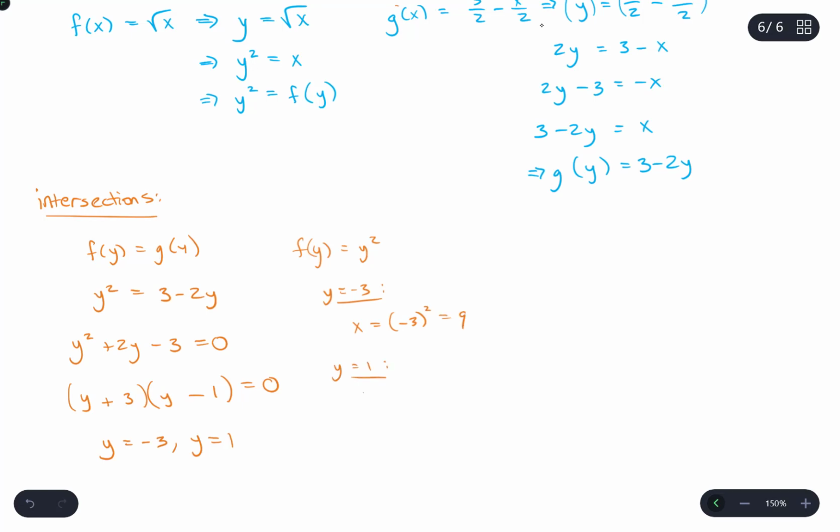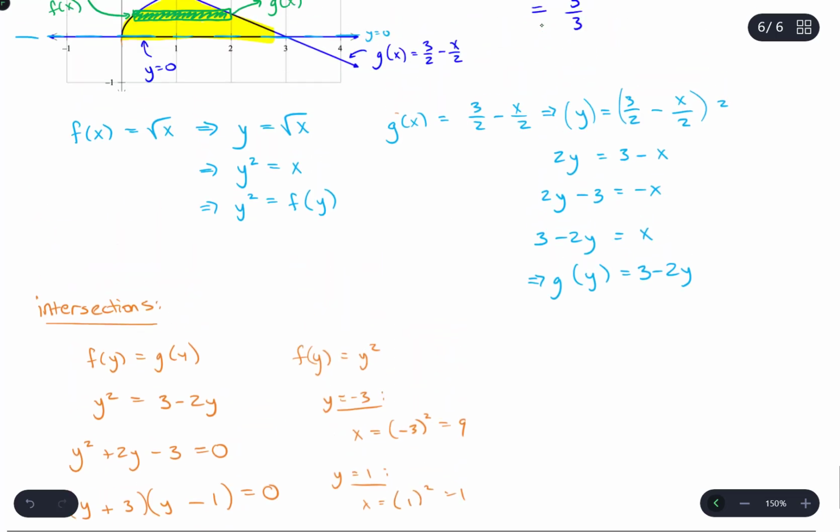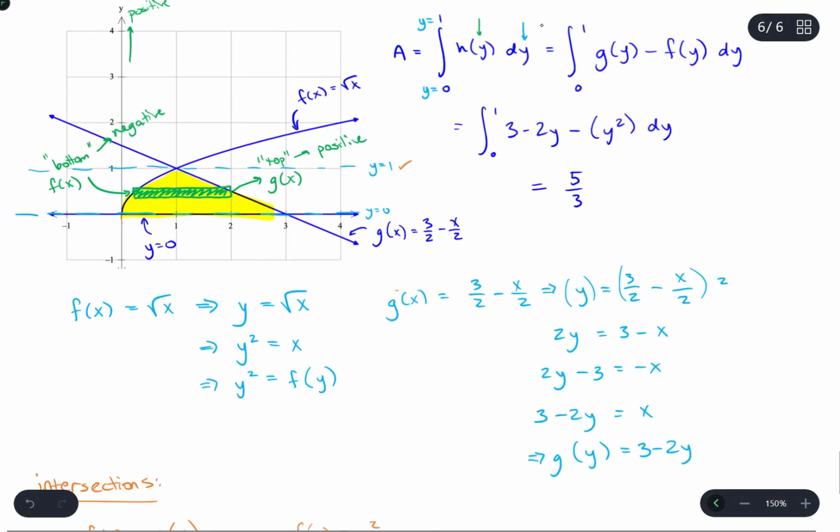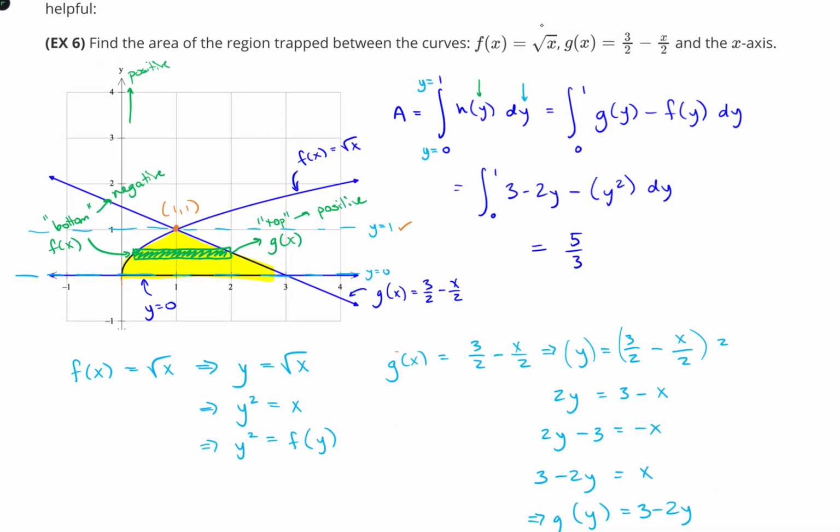And when y is 1, the x value is 1 squared, which is 1. And that's exactly what we see right up here. This is the point (1, 1). So everything works the same. You just have to think in terms of the other variables.